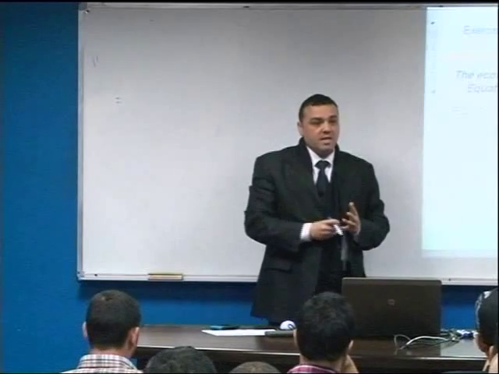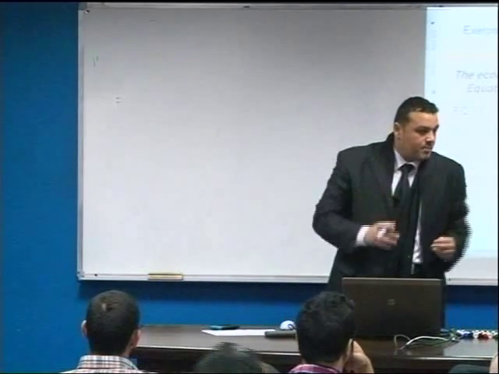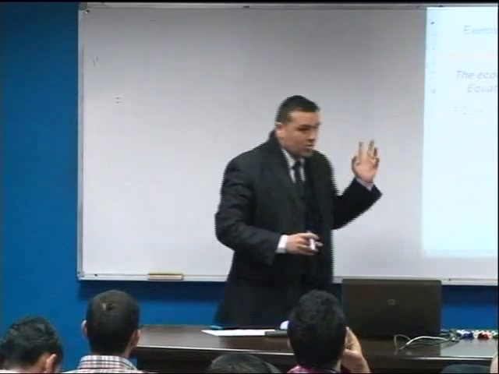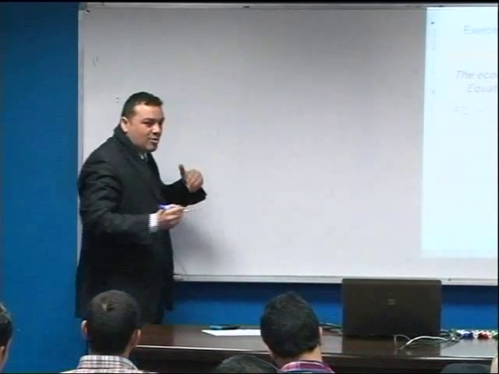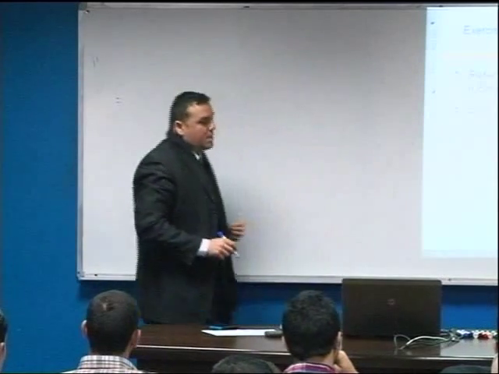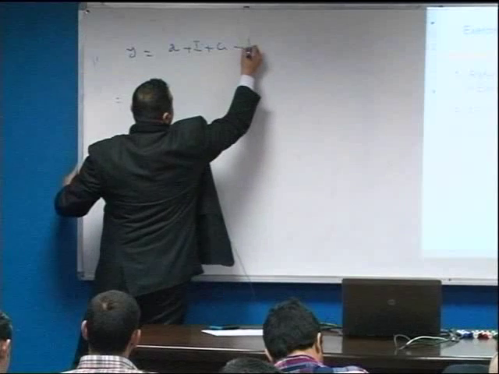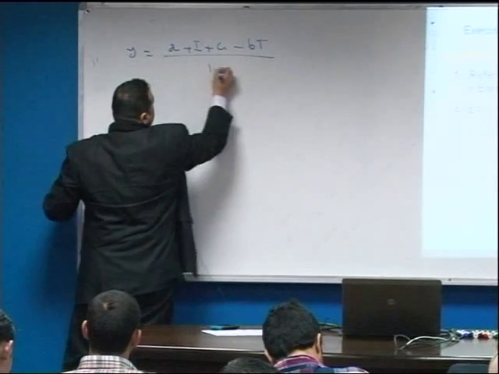The question is, derive the value of the equilibrium level of income. As you know, to calculate the equilibrium level of income or aggregate output, Y equals (A plus I plus G minus beta T) over (1 minus B).